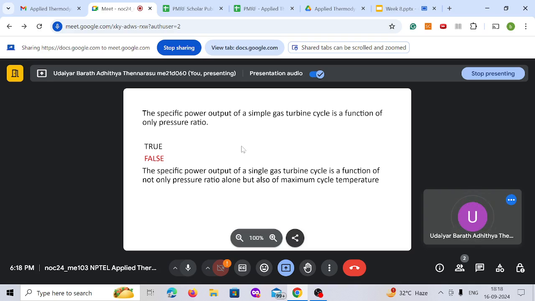So the overall specific power output depends both on pressure ratio and the maximum cycle temperature. Or, the pressure ratio itself is defined by the maximum temperature for maximum power output, which we saw in the curve. So the answer is option B, false.